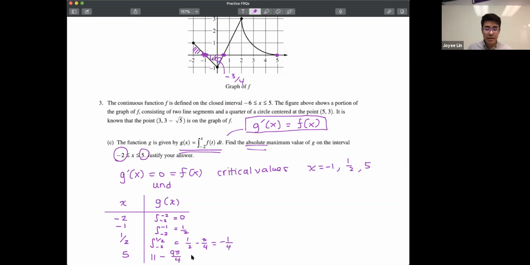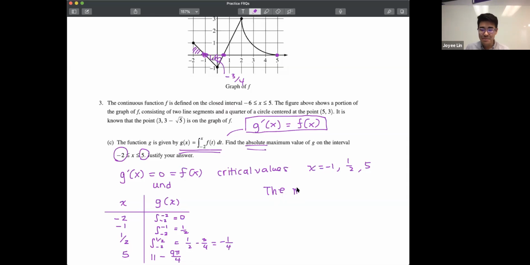And if you plug that in your calculator, it's going to be negative, I think. So then this would be justification. No, it's not. This is a big number. Let's see. I have my calculator here, so I'm not cheating. 11 minus 9 pi over 4. 3.93. I'm way off.